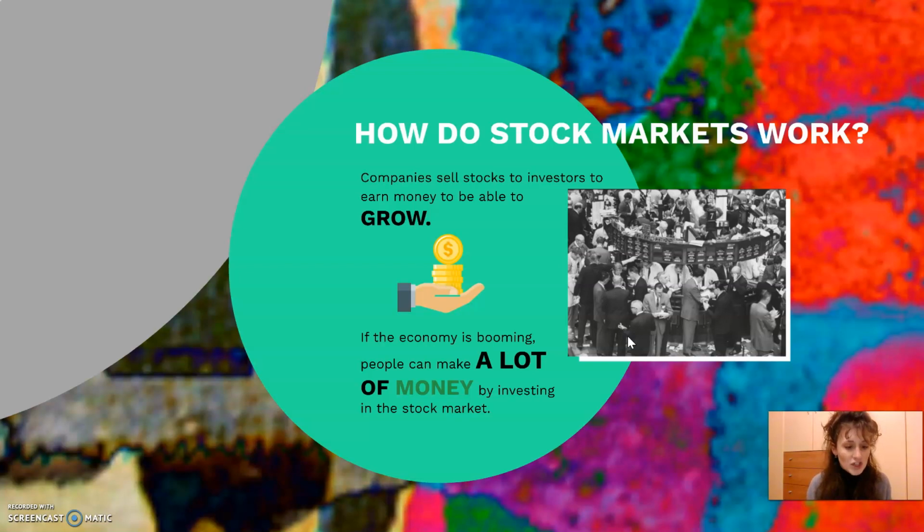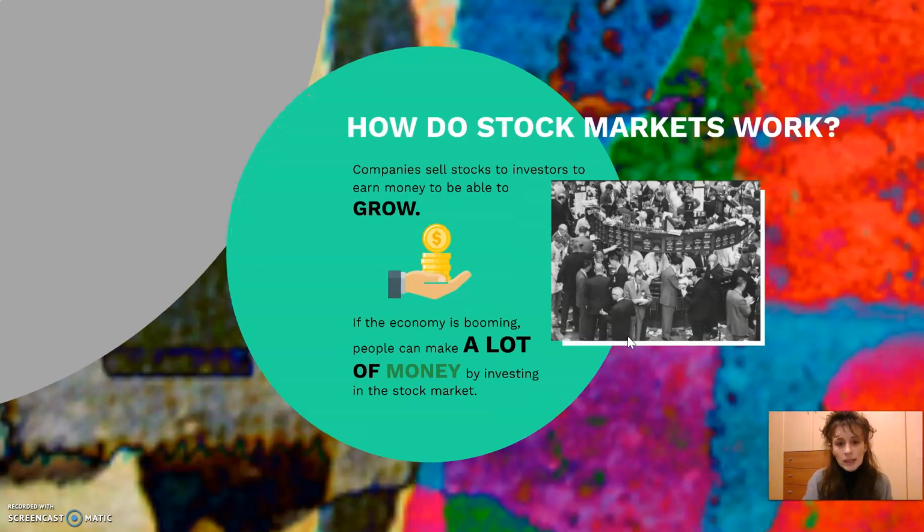Espandersi, corporations sell stocks to investors. And if the economy is booming, like the American economy was at the time in the 1920s, people can make a lot of money by investing in the stock market. But then we'll see this later also.